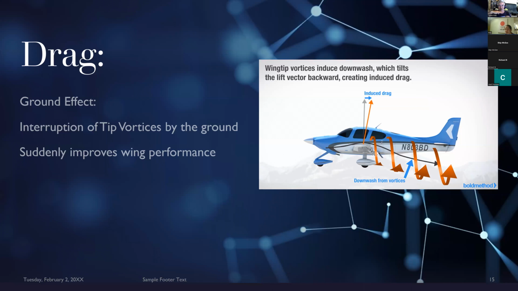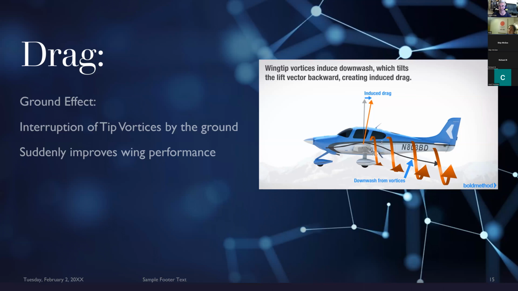So you get a wingtip vortex, right? Now, if I take this wing and I put it up against another surface, i.e. the ground, if I get low enough, then the ground interferes with the production of that wingtip vortex, right? So effectively, what it does is it makes the wing more efficient, right?